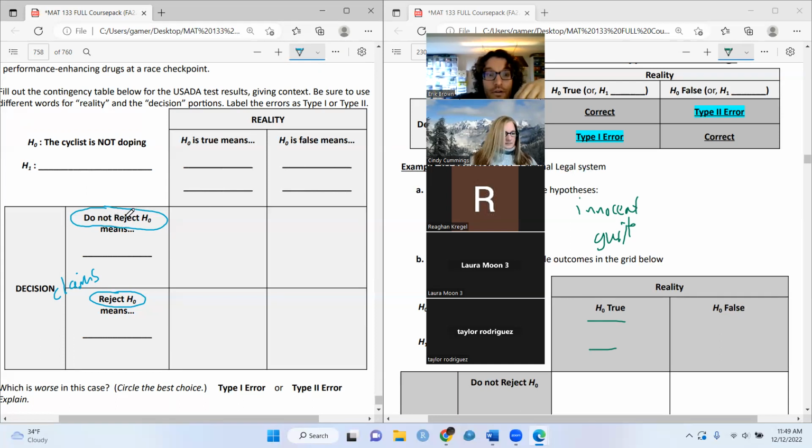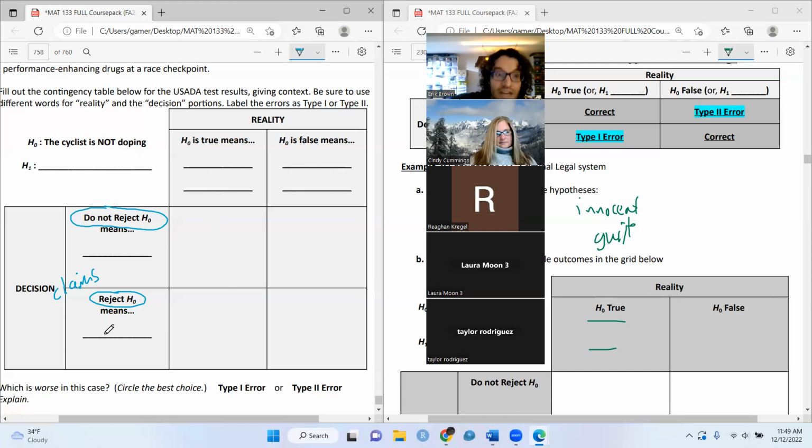Step 5, is the p-value less than alpha? Then you either reject H0 or you do not reject H0. Step 6 says there is enough evidence or there's not, but that doesn't really get to all of it. When we make the claim of not rejecting H0, we're saying that the reality is the cyclist is not doping, so we leave them alone.